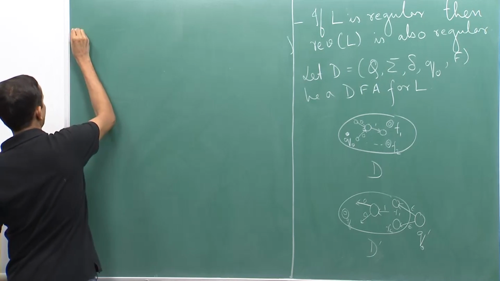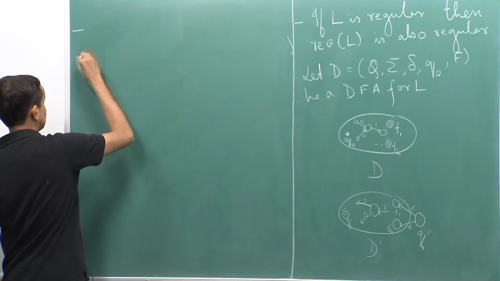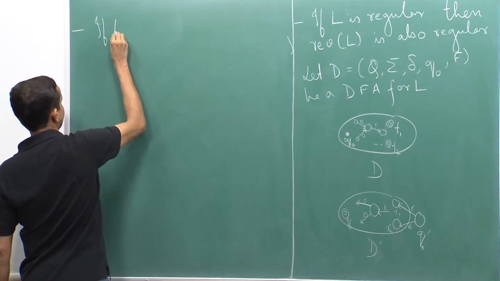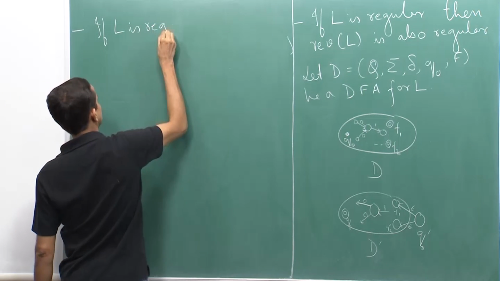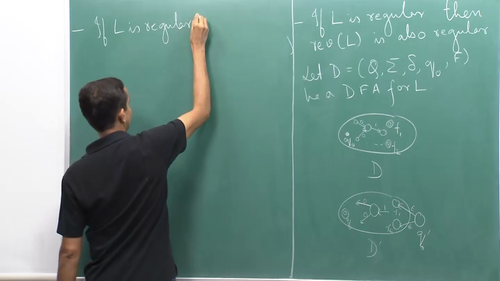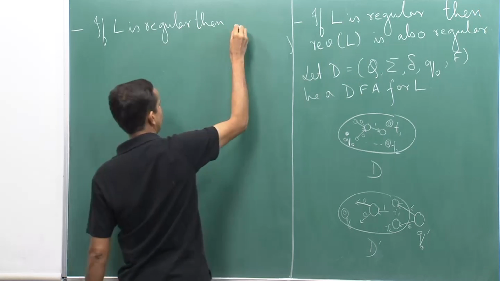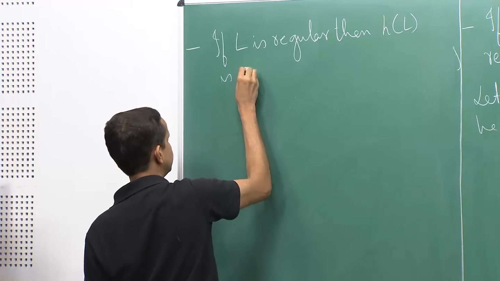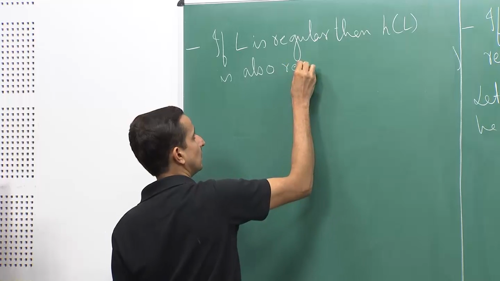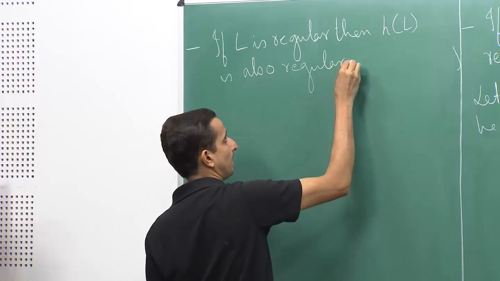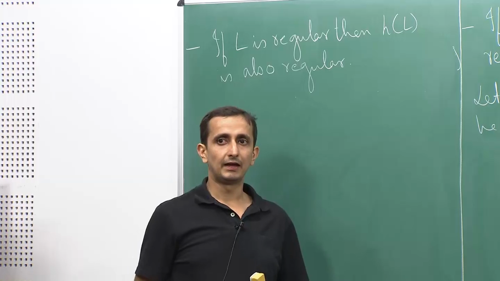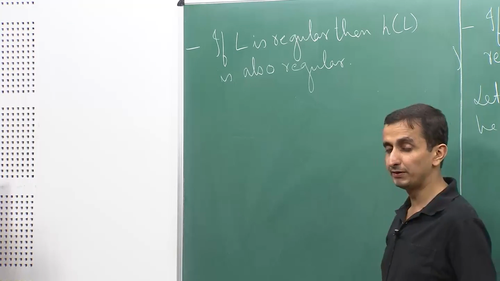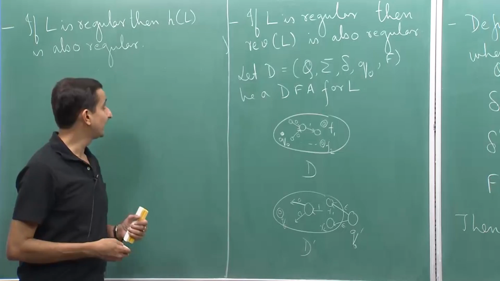So now we are ready to state the closure property, that if L is regular, then H of L is also regular. Okay. And the reason why this is true, I am not going to give a proof of this, I am just going to briefly give an idea.